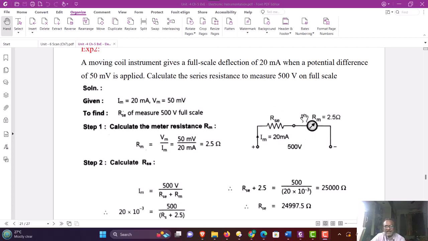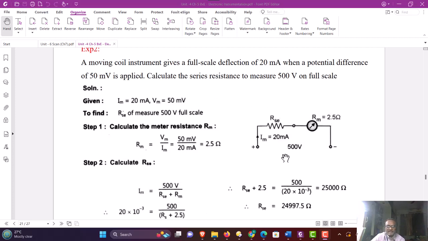The resistance Rm of the meter can be easily obtained from the ratio of the voltage drop across the meter divided by current through the PMMC instrument, that is given 50 by 20 milliampere, that is 2.5 ohm. So meter resistance is 2.5 ohm, which is in series with the resistance RSE, that is the series resistance.